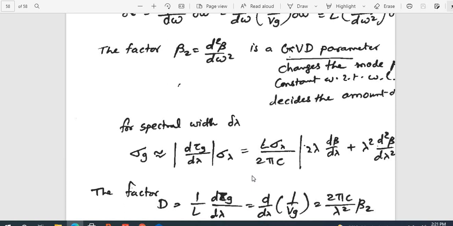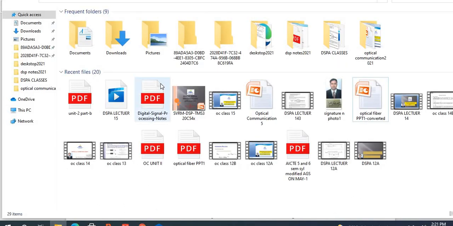In unit 2 we covered the spectral densities and all kinds of dispersions, starting from their analysis part, and we talked about the relations, how they work, and what the parameters are on which the group delay depends. So that is how the unit has been covered, students.